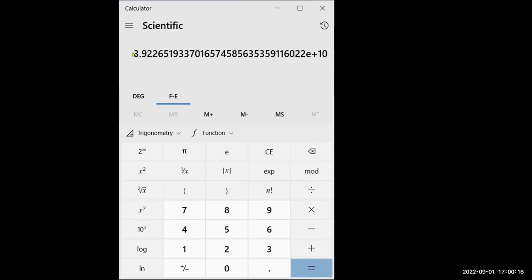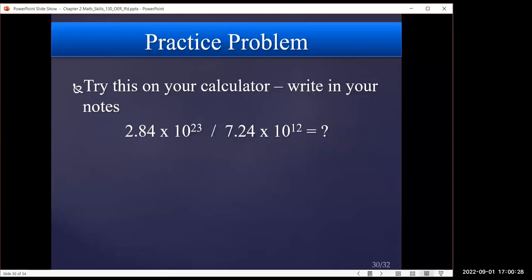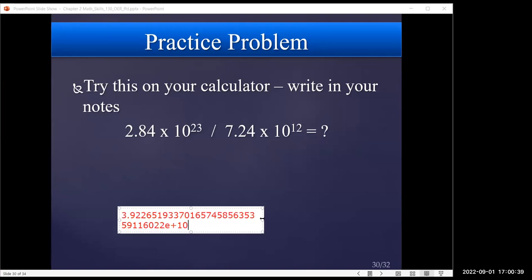Now, let's take this number and bring it back to the slide. Okay, the number we obtained was that big giant number.